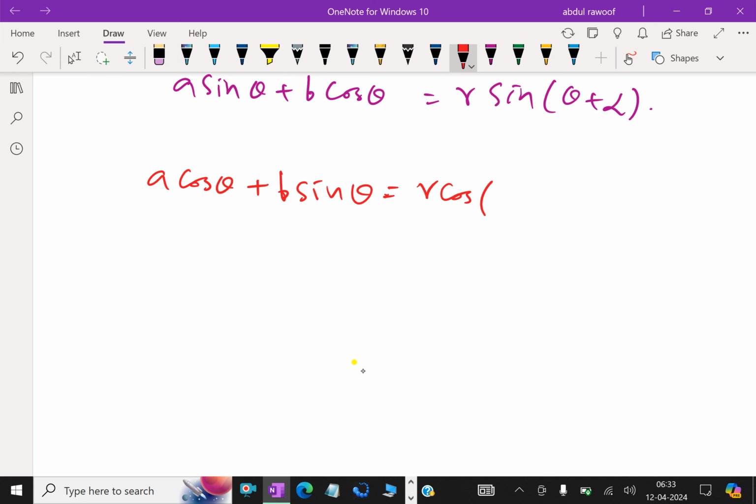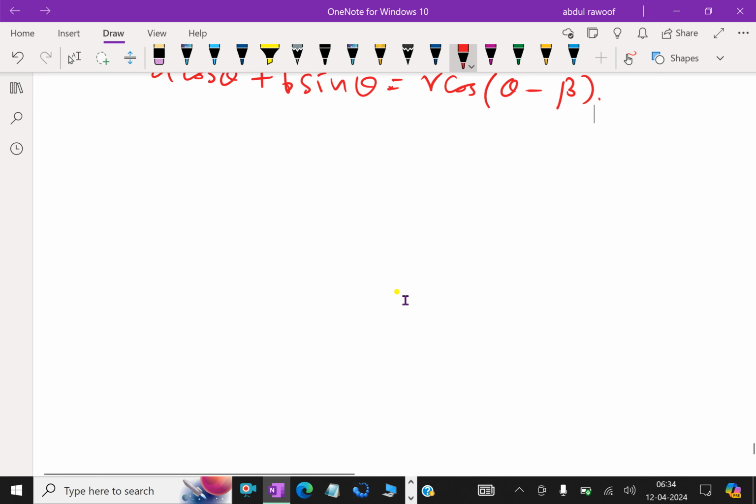So previously we used A sin theta plus B cos theta in terms of R sin(theta plus alpha). Similarly, A cos theta plus B sin theta can be expressed in terms of cos, equal to R cos(theta minus beta). Similarly, we use the A values and B values, and for that we get the general expression of given values A and B with cos theta and sin theta in this form. For example, we'll do an example so you can understand this concept.